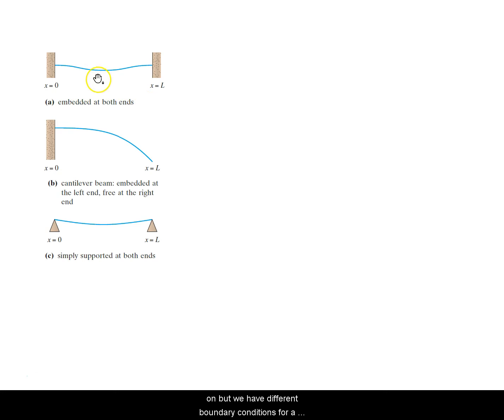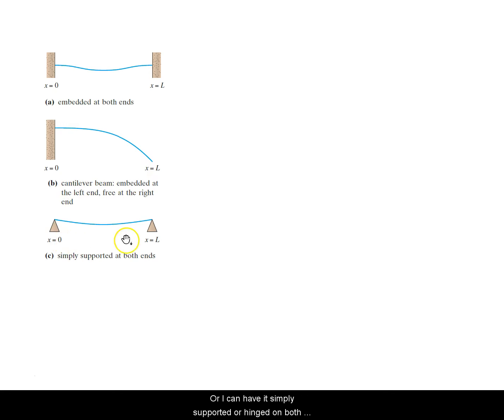But we have different boundary conditions for a beam, right? So here our beam looks more like a wire, which is fine, okay? But this is just to summarize what applies to everything. So I can have my beam fixed at both ends, at my initial end and at my terminal end. I can have it fixed at one end and free at the other. This one is called a cantilever.